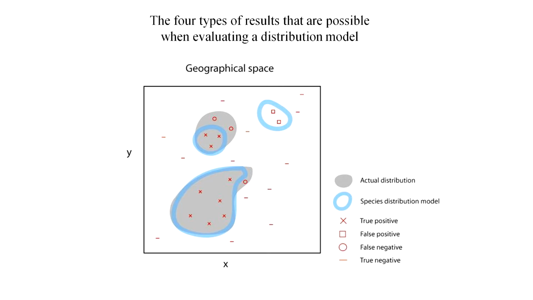So this is going back to some of these conceptual diagrams again, just one of them for now, trying to illustrate the types of results that you would expect to get, or that are possible, when you're evaluating a distribution model. Again, conceptually, we're in geographic space here, x and y coordinates.